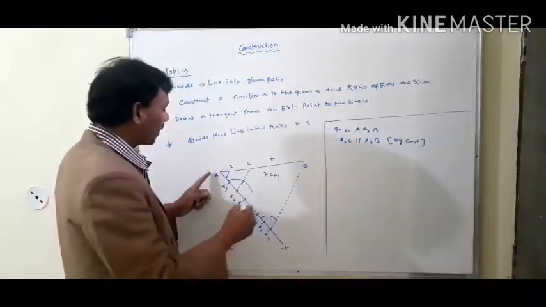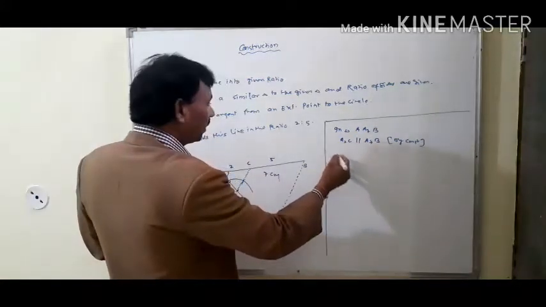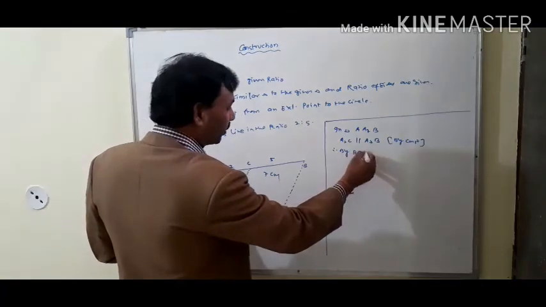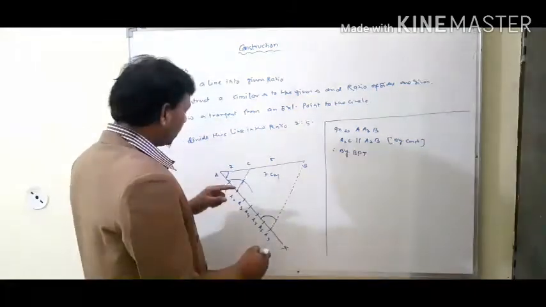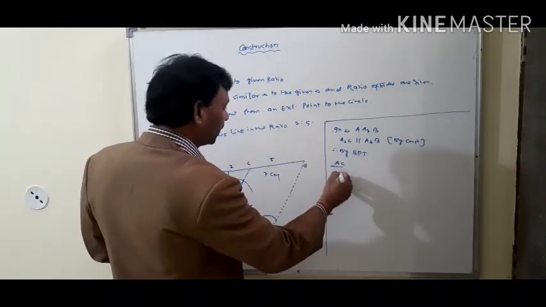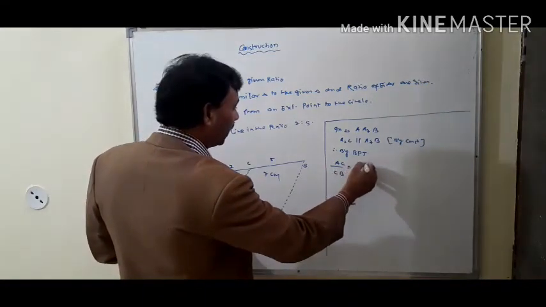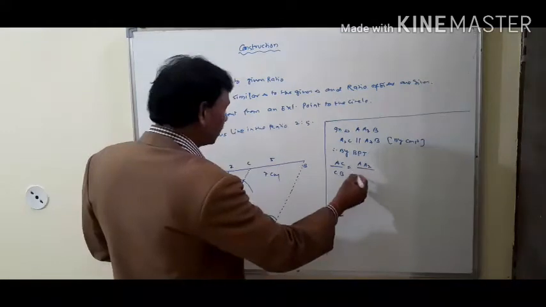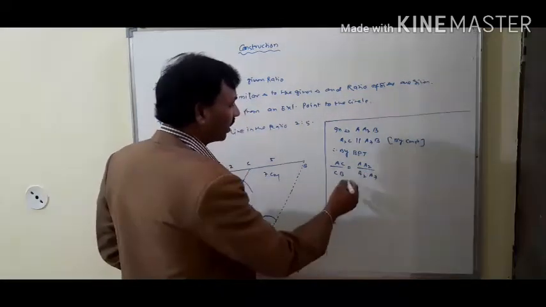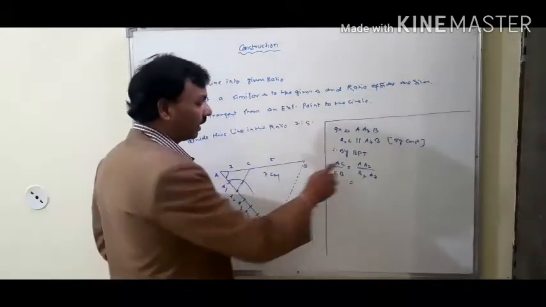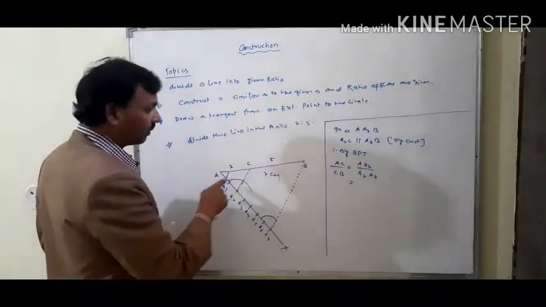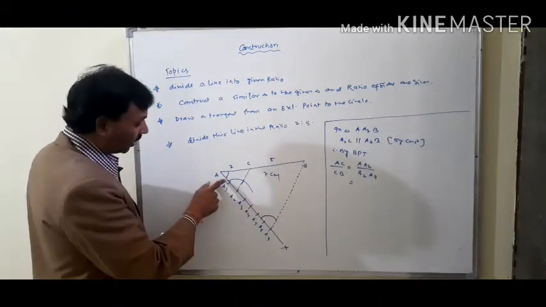Therefore, by BPT, basic proportionality theorem, we can apply AC upon CB equal to AA2 upon A2A7. Now, count how many parts between A and A2? 1, 2.